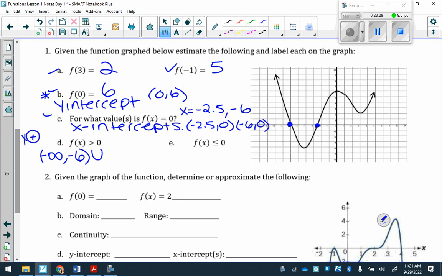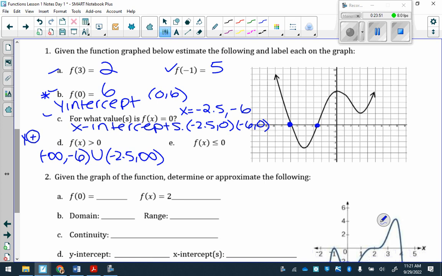So we're using our x-intercepts to help. Then from here to wherever, that's also positive. What is this x-intercept? Yep. Negative 2.5 to infinity. So between negative infinity and negative 6, and negative 2.5 and infinity, our y values will be positive.